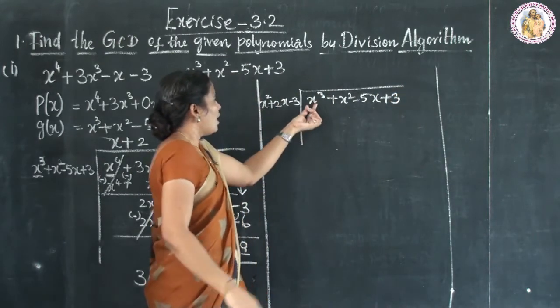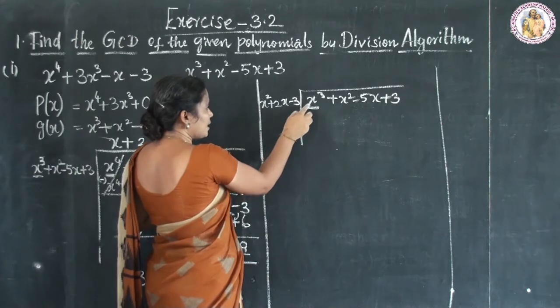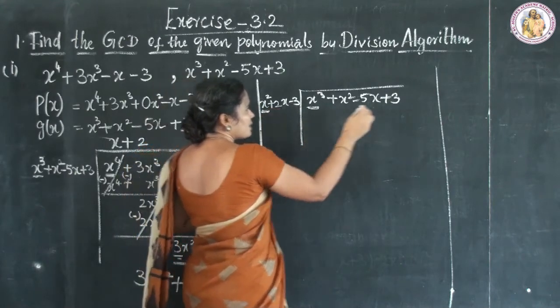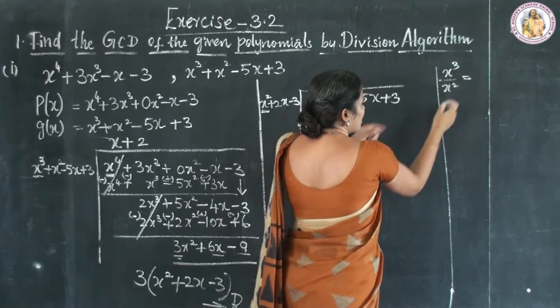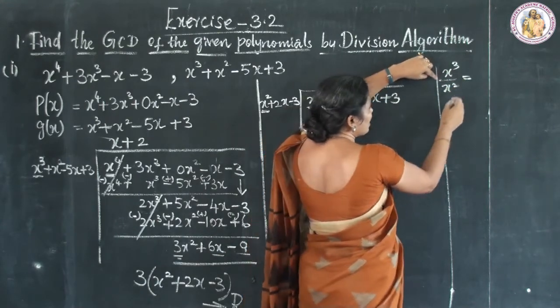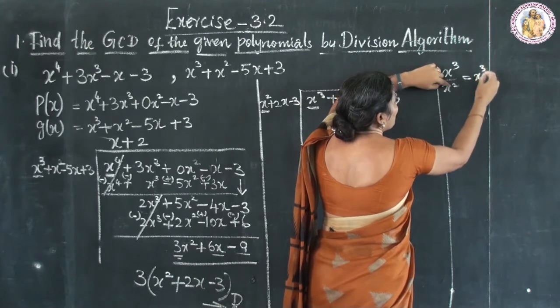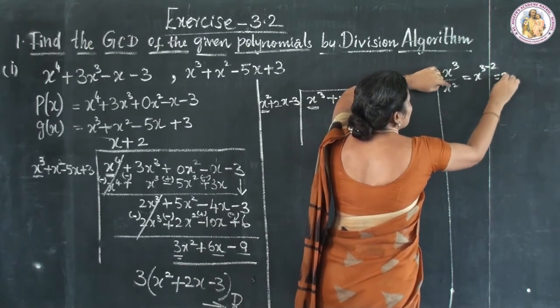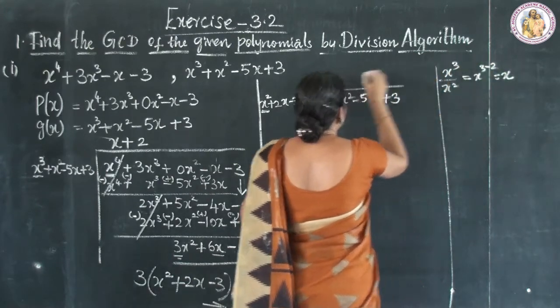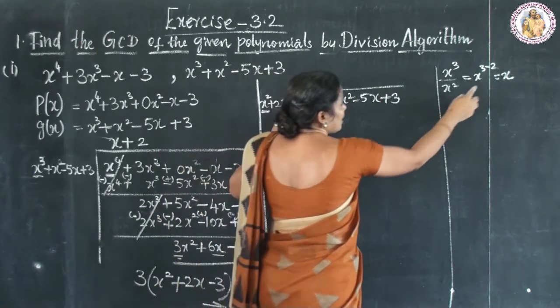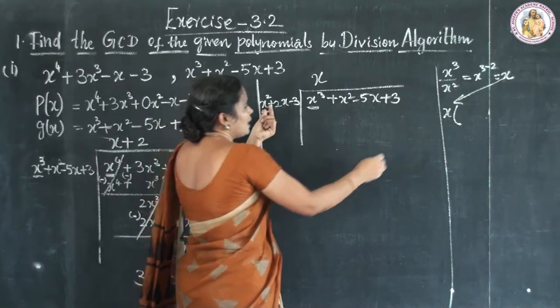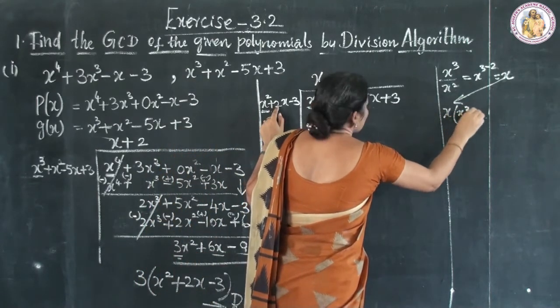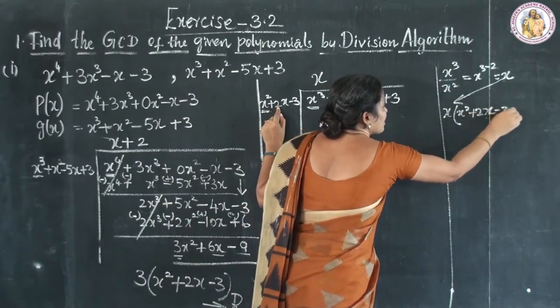And now you know how to start. Taking the first term x cube and here the first term x square. Divide x cube by x square, as per the exponential rule, x cube minus 2 is only x. Now write x as the quotient and multiply x with x square plus 2x minus 3.